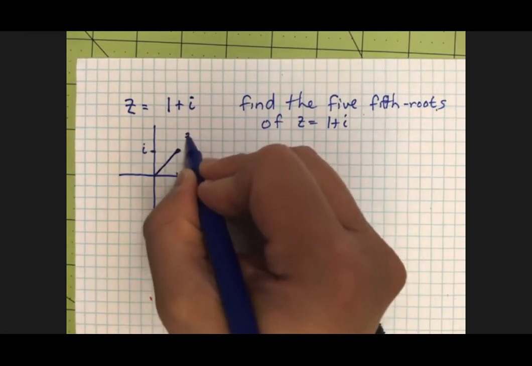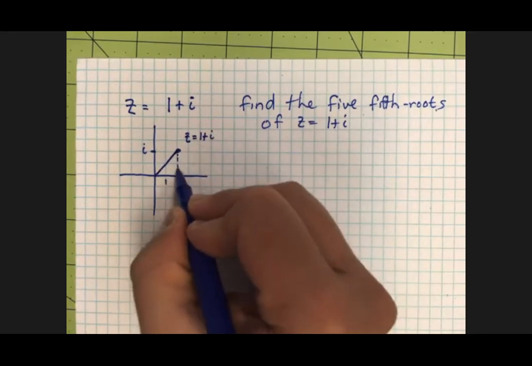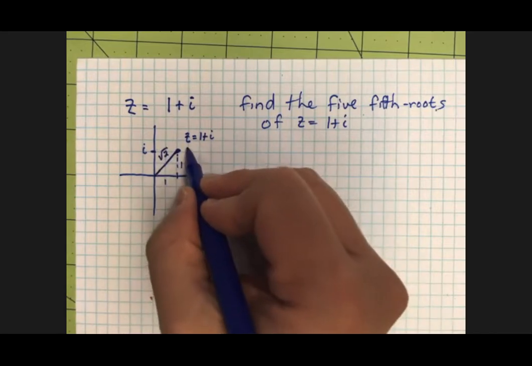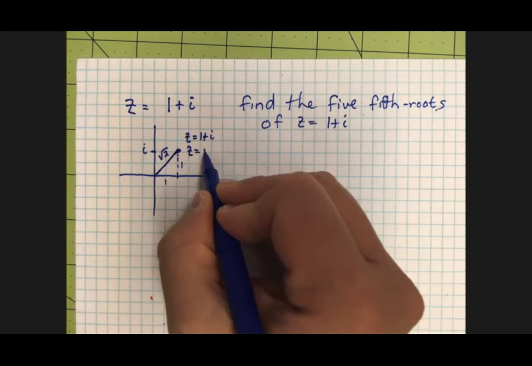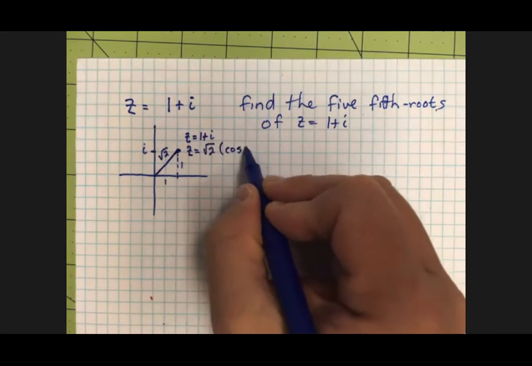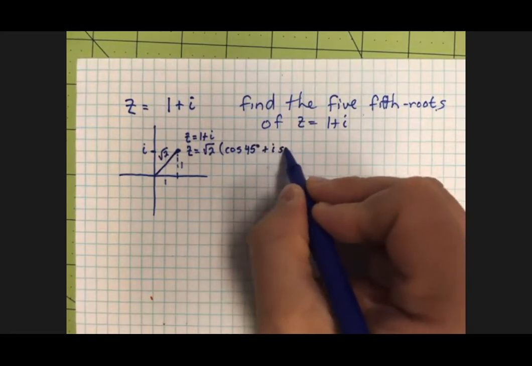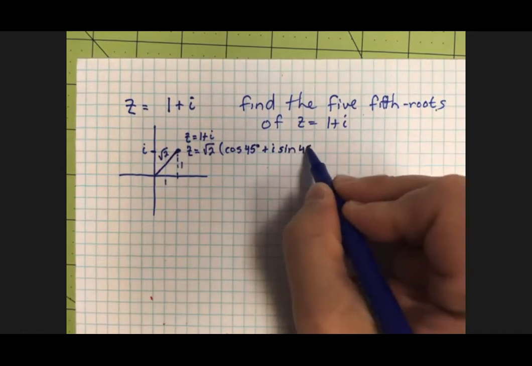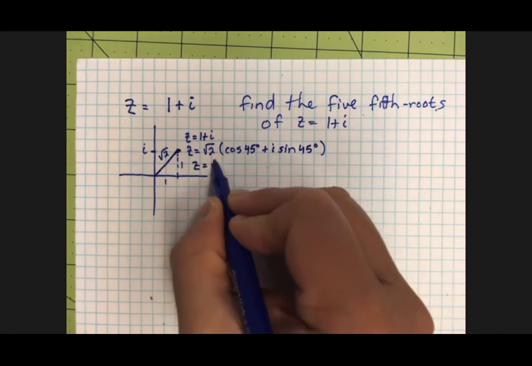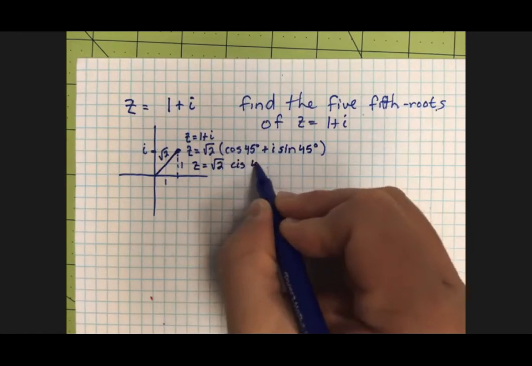Here's z equals 1 plus i. If this triangle is 1 by 1, you know that this radius is root 2. So in trigonometric form, this would be root 2 cosine 45 plus i sine 45. I like to write that in the shortened version, root 2 cis 45.